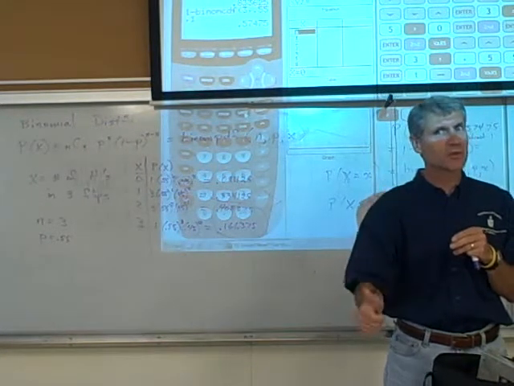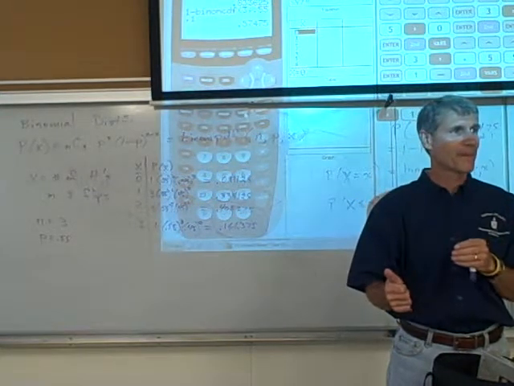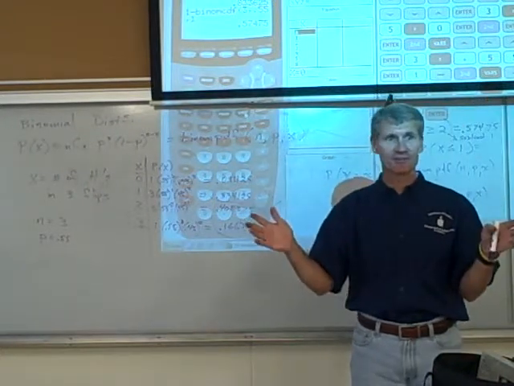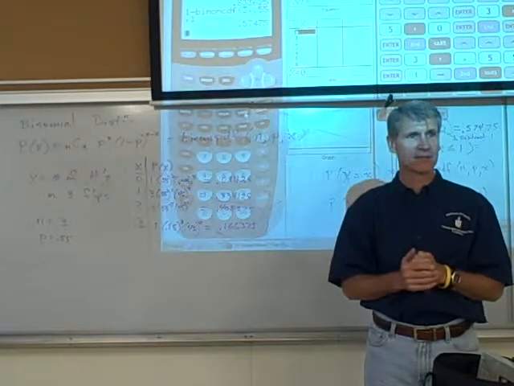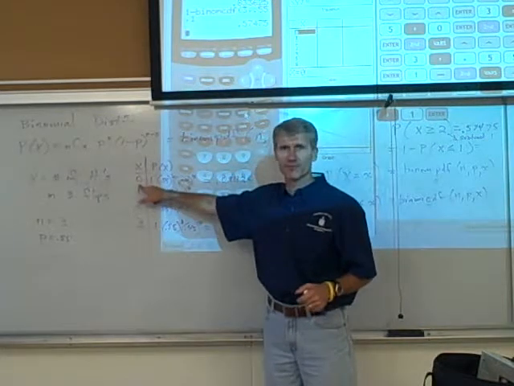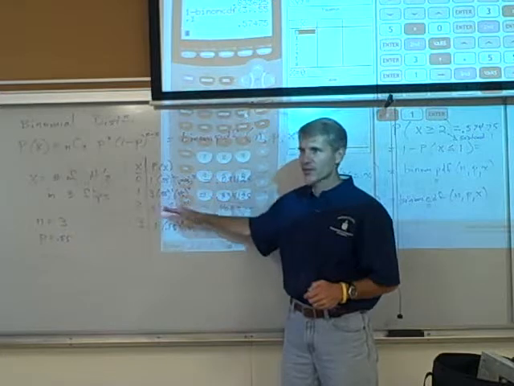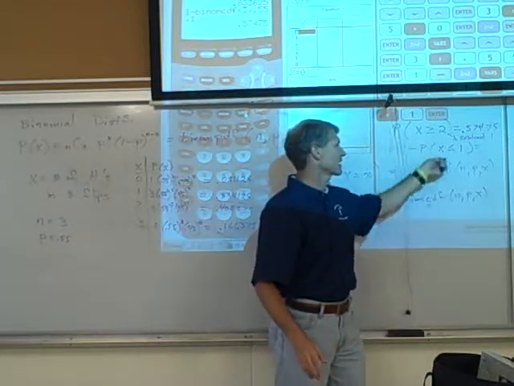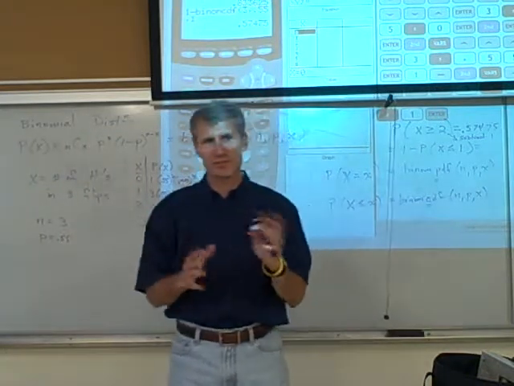If you didn't get at least 1 head out of 10 flips, you got 10 tails, right? You didn't get any heads. The complement of at least 1 is none. So then you're just finding 1 minus the probability of getting 0. And that's a whole lot easier than adding up the probabilities for 1 and 2 and 3 and 4 and so on. So you'll use this complementary event thing with your binomial CDF and PDF functions to figure out problems like that.